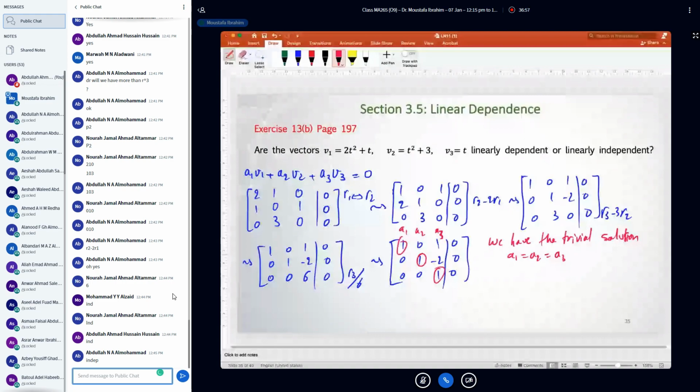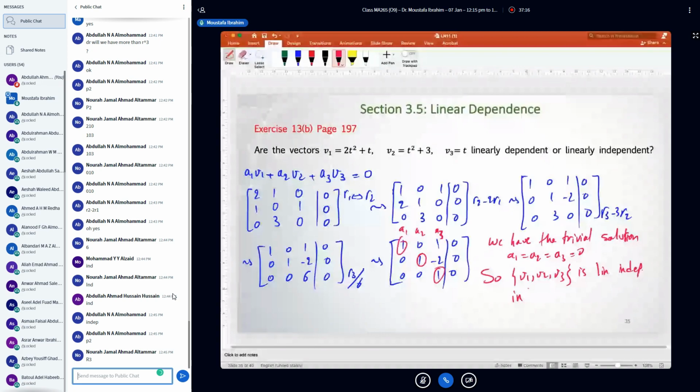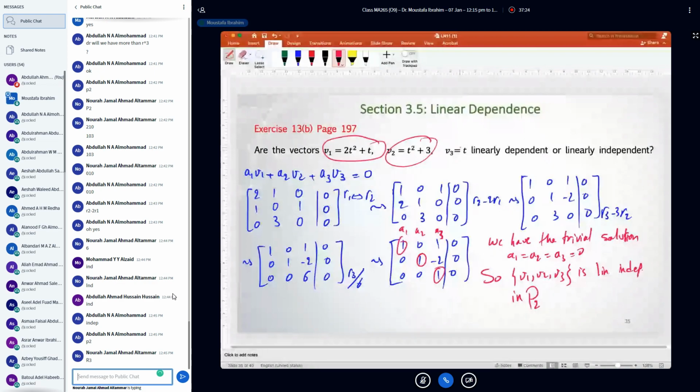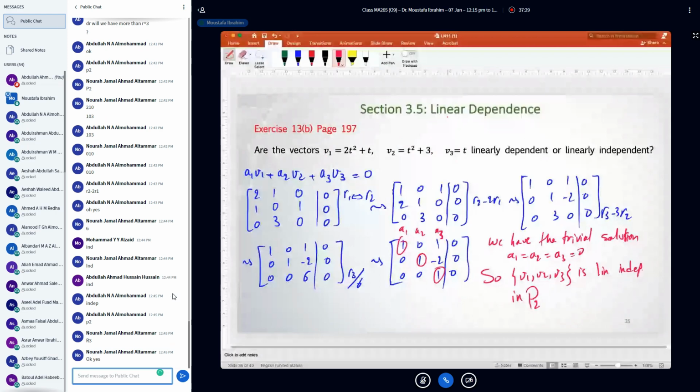So linearly independent, where in P2. Very good. Nura, look here, they are all in P2. If you want, you can take screenshot.